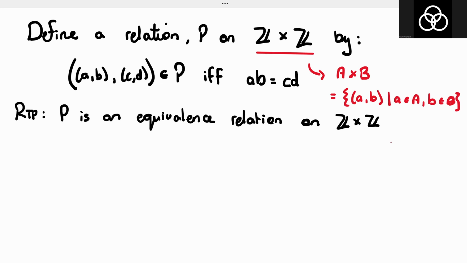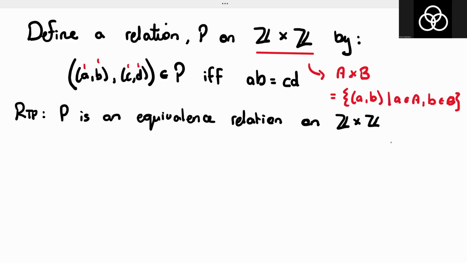So this definition here just says that each member, this a, this b, this c, and d, each one of these is an integer, right? So the definition of this relation is going to be a times b, the first times the second, is equal to c times d, the third times the fourth.